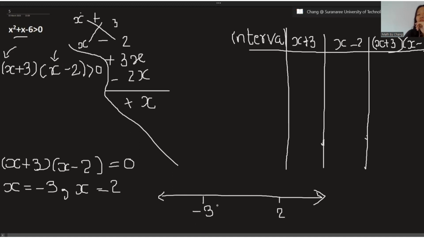So you have to consider the values of x: firstly, all the values less than minus 3, second at minus 3, third between minus 3 and 2, next at 2, and the last, x greater than 2. So the first interval is when x is less than minus 3. What will you get here? You have to consider when x equals minus 3. And then between x is minus 3 and 2.